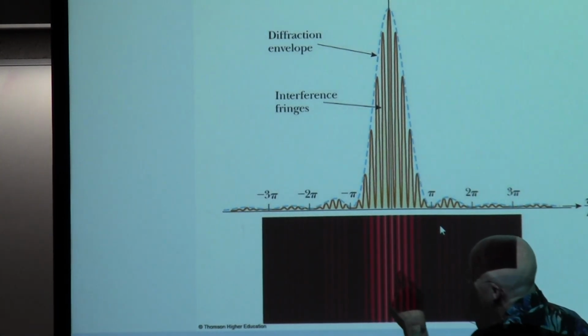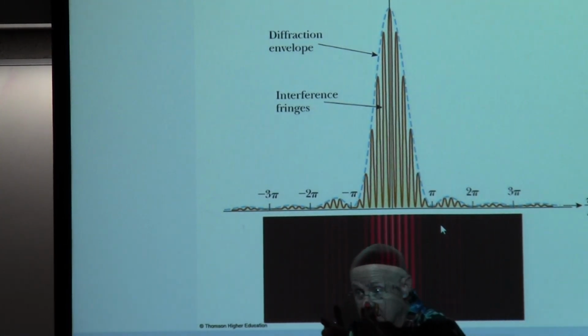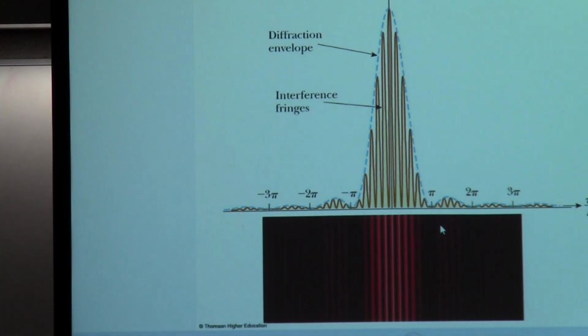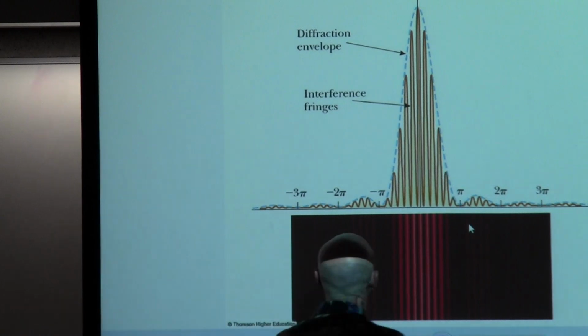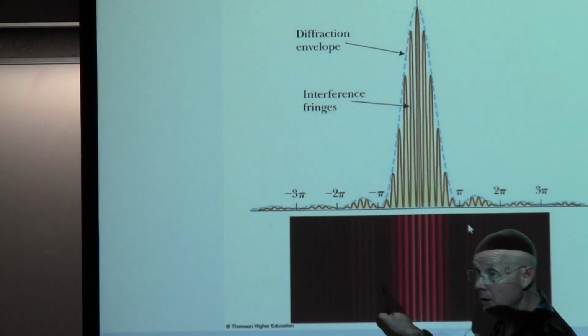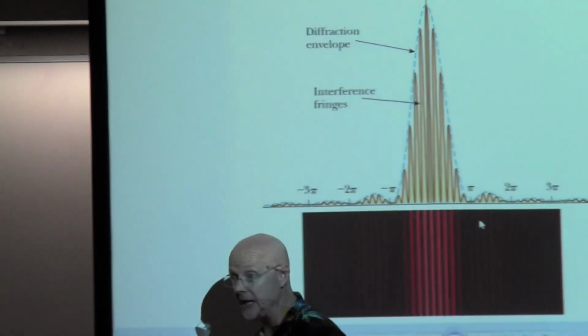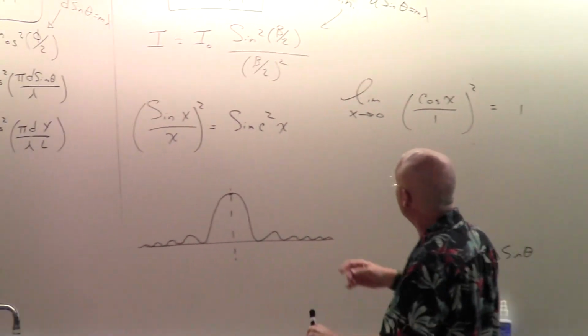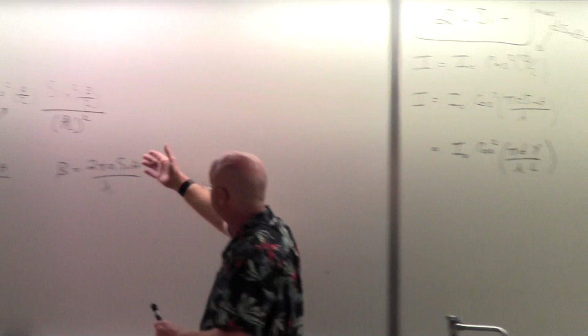And so this bright, dark that are close together is because of the double slit interference. The missing bright, dark pattern over here is because of the destructive nature of the interference within the slit itself.